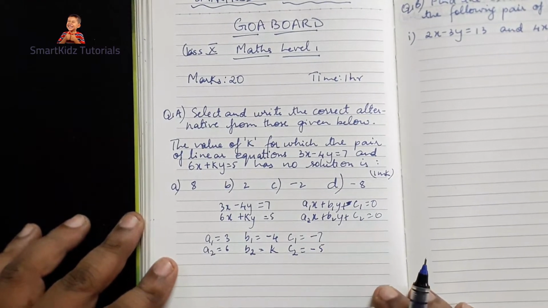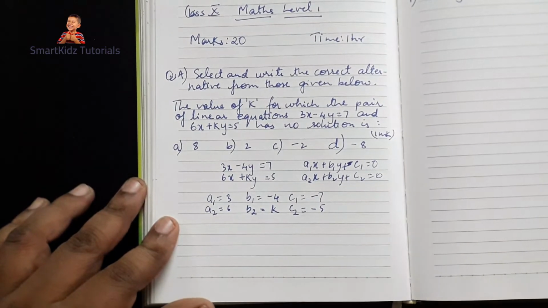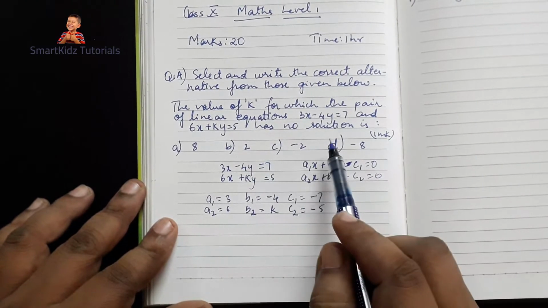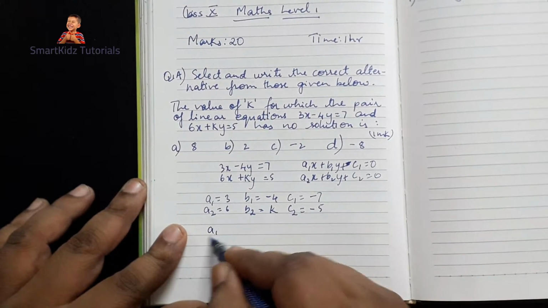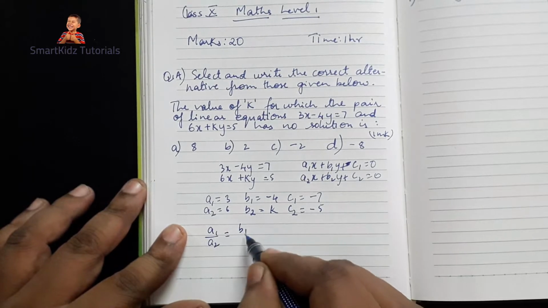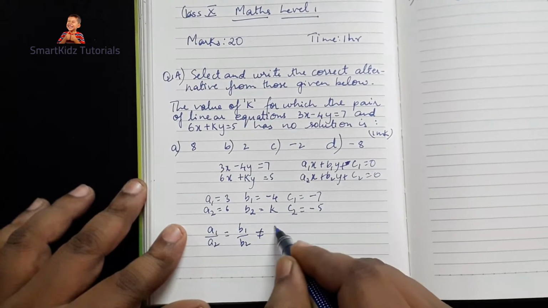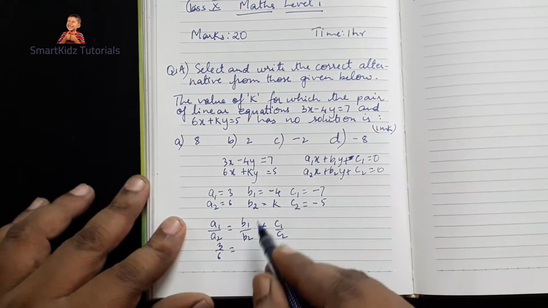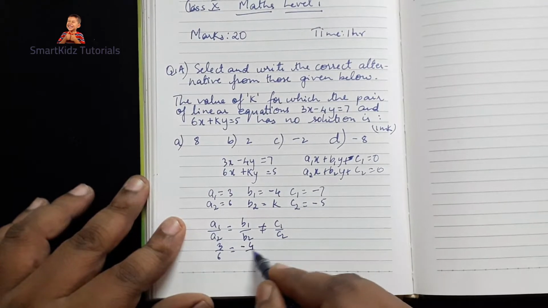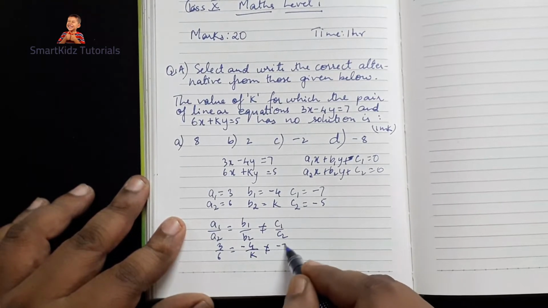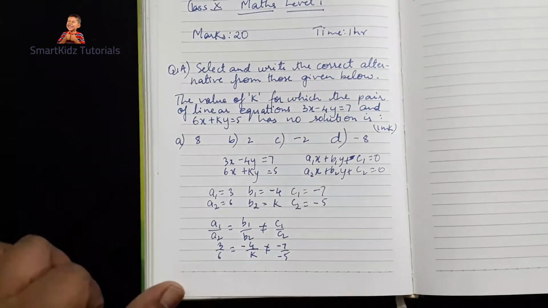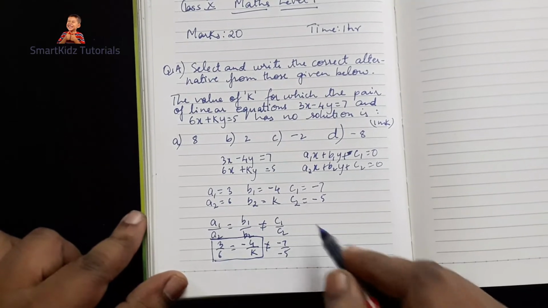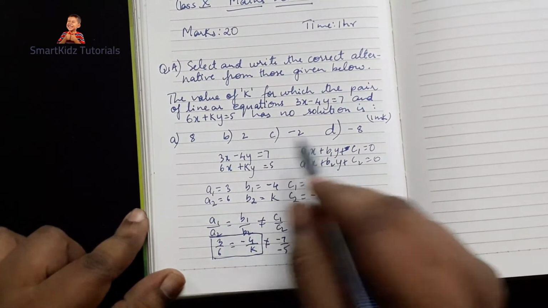Now we know the condition for no solution is a1 upon a2 equal to b1 upon b2 but not equal to c1 upon c2. So let's substitute: 3 upon 6 equal to b1 upon b2, which is minus 4 upon k, not equal to minus 7 upon minus 5. We take this part to find out for which value of k we get no solution.